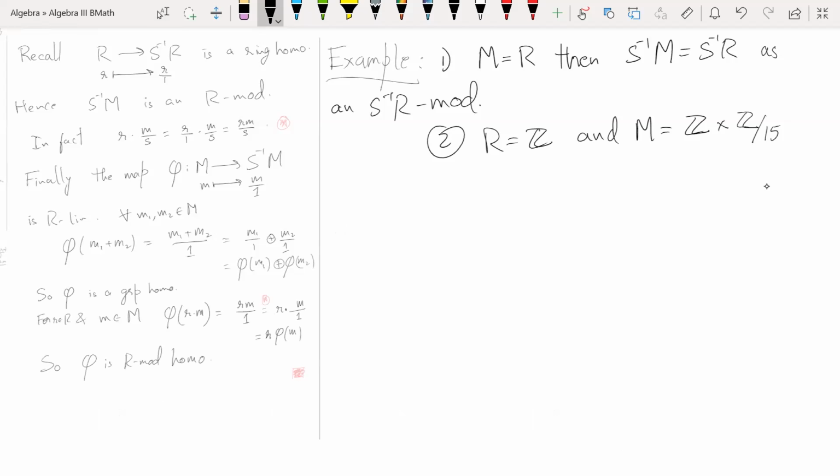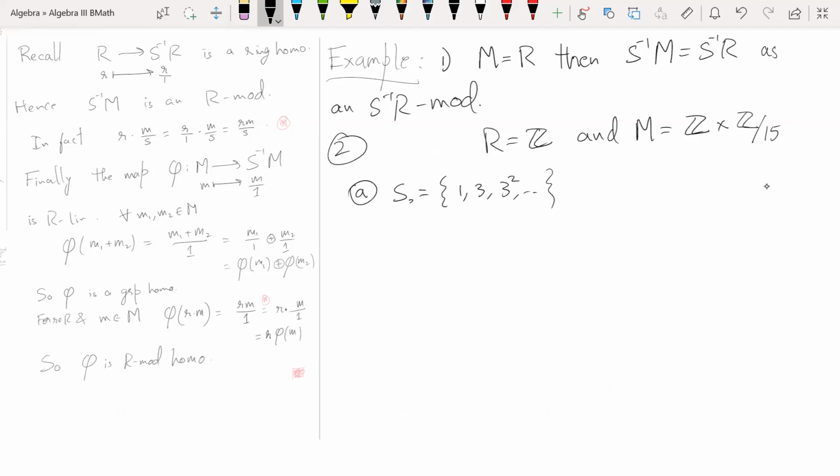So part A is S equals 1, 3, 3 squared, and so on.